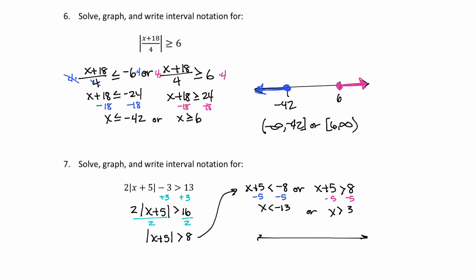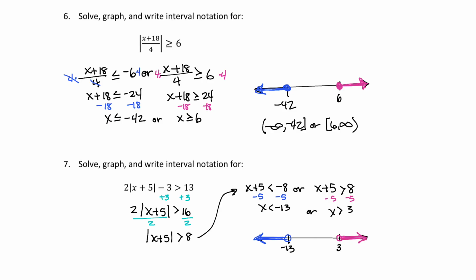So we solved it. Now here is the number line, because it's an absolute value and it's a greater than, your graph will always look like 2 dots and going outside of the 2 dots. You just have to figure out where they were and whether they're open or closed.